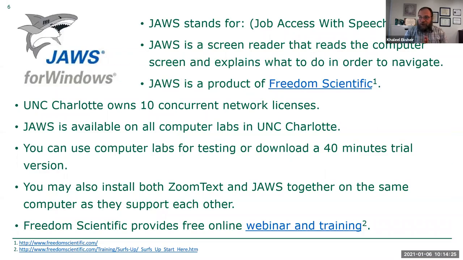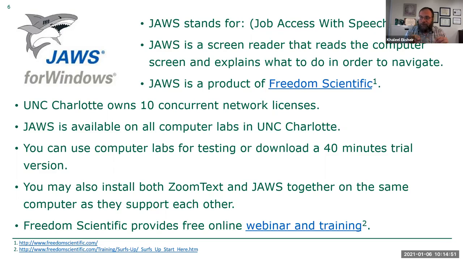Okay, let's talk about JAWS. JAWS is what we use here in Canvas. That's why we are focusing a little bit on JAWS, and it will help us understand how people who are blind receive information. JAWS stands for Job Access with Speech. It is a screen reader that reads the computer and explains everything, and it has hundreds of shortcuts.